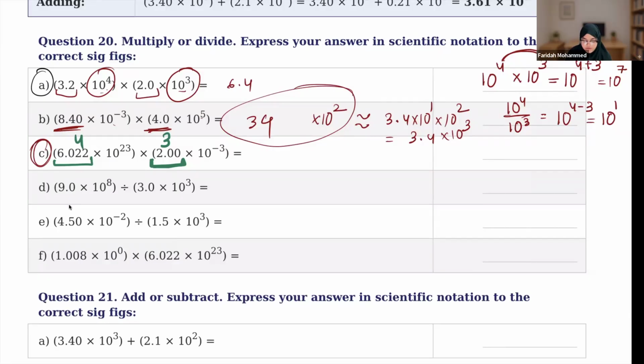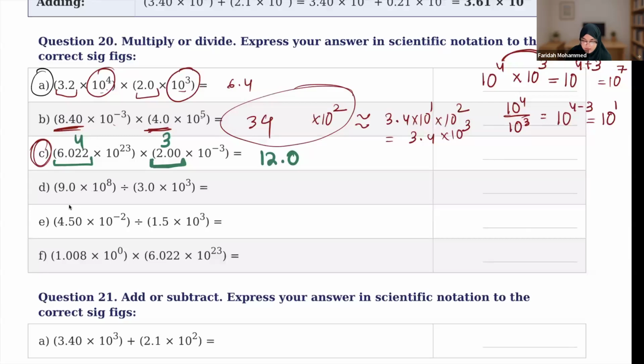It was 12.044, so it would be 12.0, right?